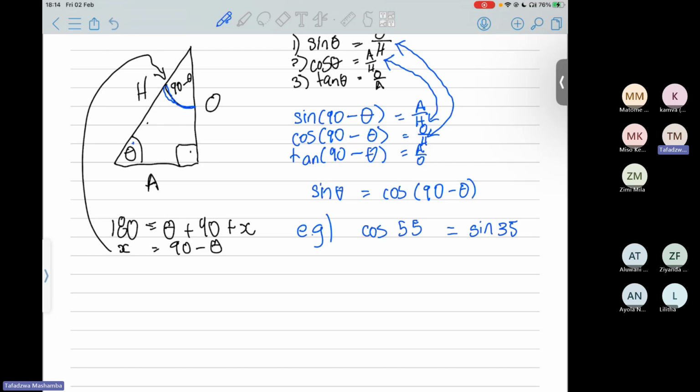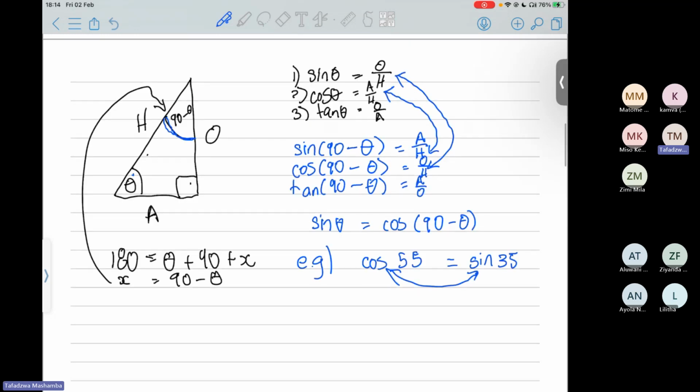So you guys see where that comes in handy when you have questions with odd triangles. When they ask you to prove something or simplify something, know that you can easily equate things like these together because of this rule.